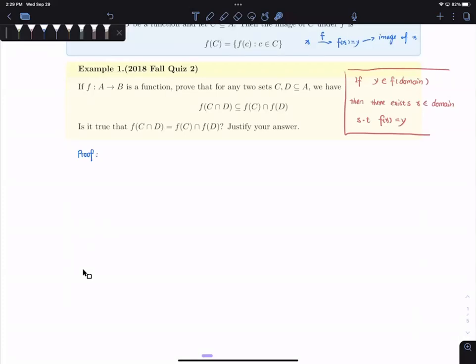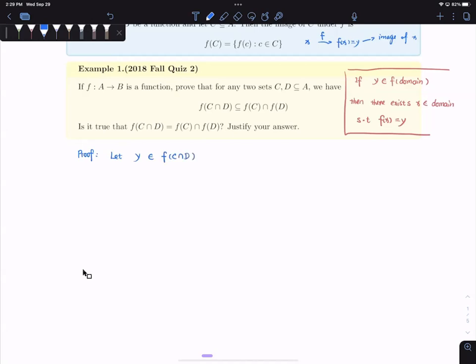Then what do we do? What's my first step to prove one set is a subset of another set? Yes, an arbitrary element. Exactly. Arbitrary element y. So let y be in this set.